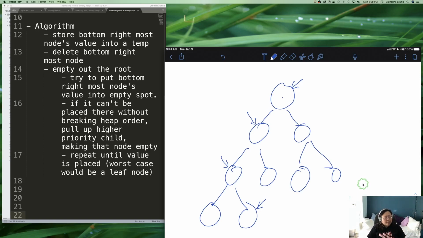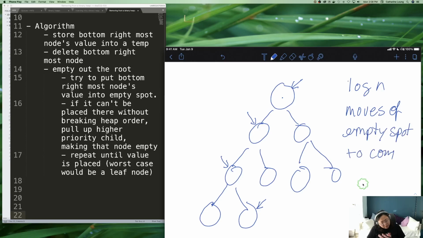So our empty spot, if you think about it as a movement of empty spots, the empty spot just moves down the list. It doesn't actually move sideways, which means that it takes log n moves of the empty spot to complete the pop function.